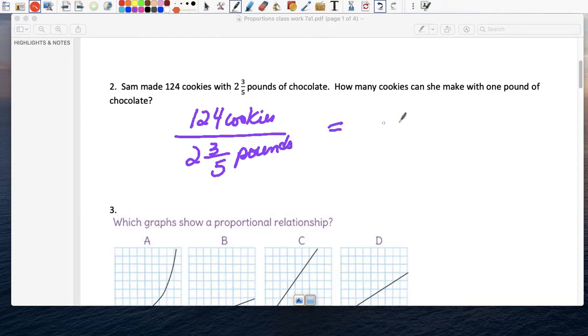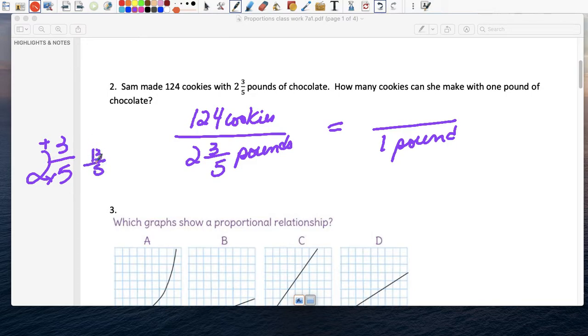So I'm asking you, with 1 pound of chocolate, how many cookies can I make? So first of all, the 2 3/5, I'm going to change that to an improper fraction. I'll put a times and a plus. 5 times 2 is 10, plus 3 is 13, so that's 13 over 5. So instead of 2 3/5, I'm going to write 13 over 5, which is the same thing, by the way.